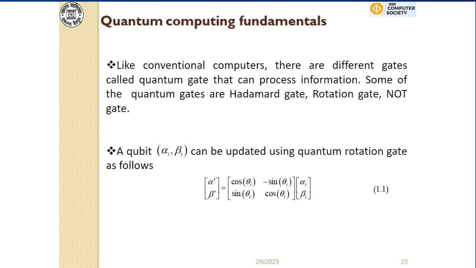So you have to revert back to the classical domain. This reversion is referred to as measurement. You apply the measurement operator on the qubits, and then you get either a 0 outcome or a 1 outcome, depending on the probability values of alpha and beta. But as I told you, this is beyond the scope of this lecture. I'm just giving this brief overview for the sake of understanding.